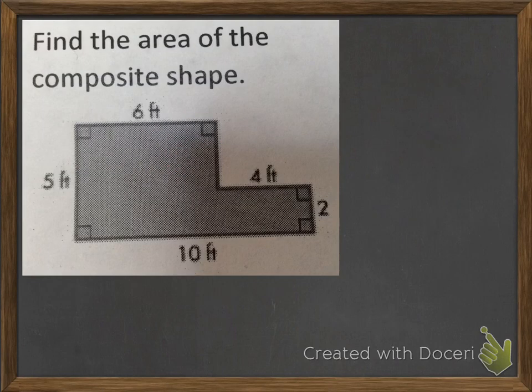Find the area of the composite shape. I'm going to take this shape, draw a line right here to give me two shapes. Let's name this one shape B, and this one shape C. So the first thing, I'm looking for area, and the formula for area is length times width.